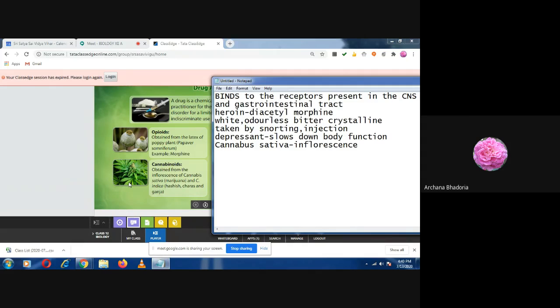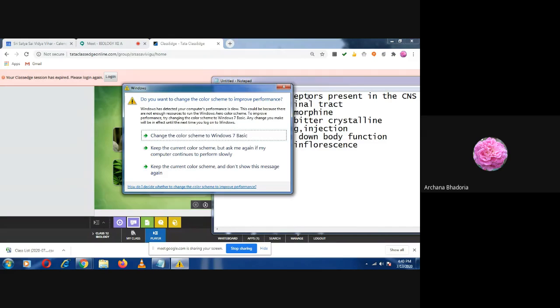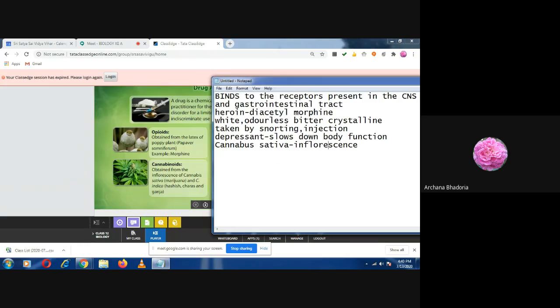The group of flowers is known as the inflorescence. And other parts, that is the flower tops, leaves, and the resin, are also used.